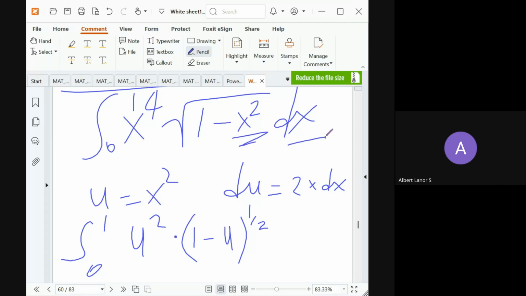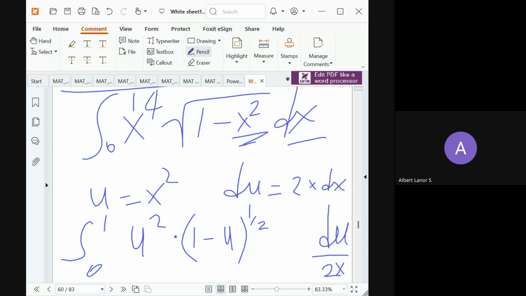Now what is the x? Let me write that first. I'll bring the du here. Then we'll have over 2x. Now what is x? x is the square root of u.